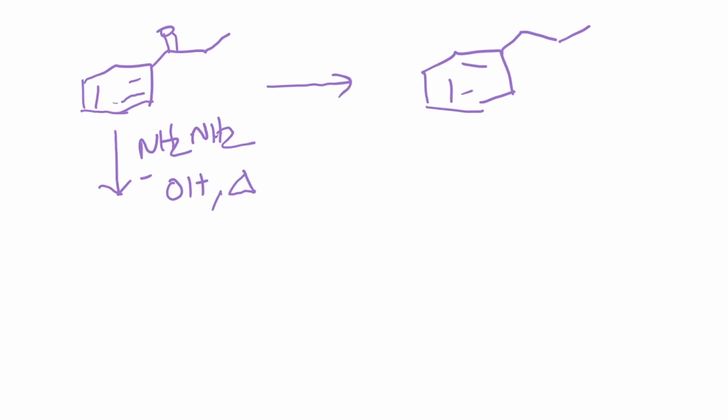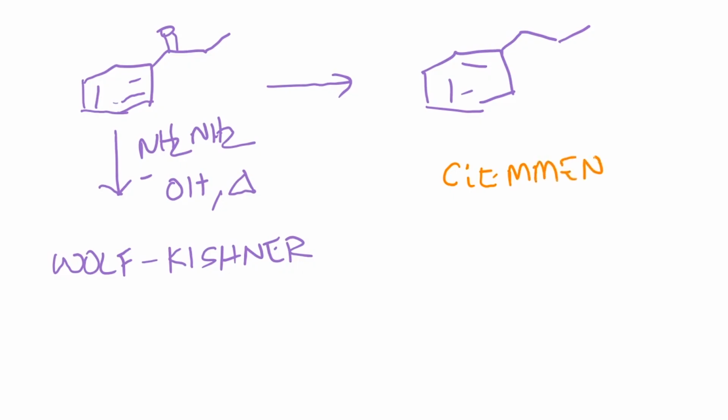Okay, so this is the first condition which is used, which is known as the Wolff-Kishner reduction. This is one way to do it. I would urge all of you to go and look at the mechanism of this reaction. The other way to do it is to use the Clemmensen reduction, which is basically zinc amalgam in HCl.